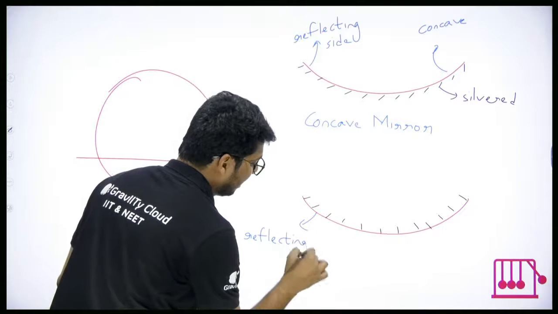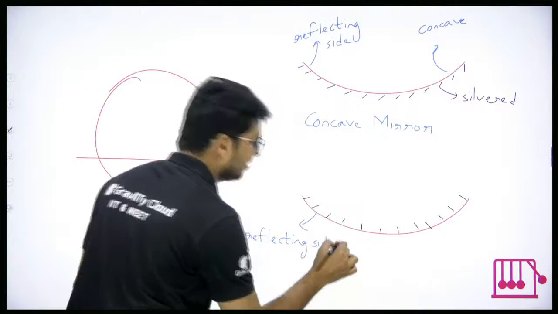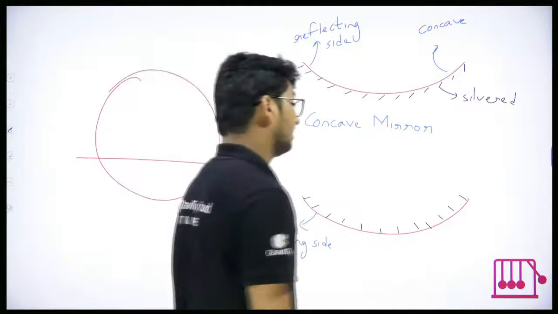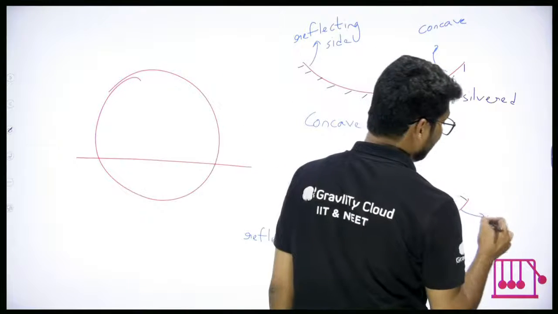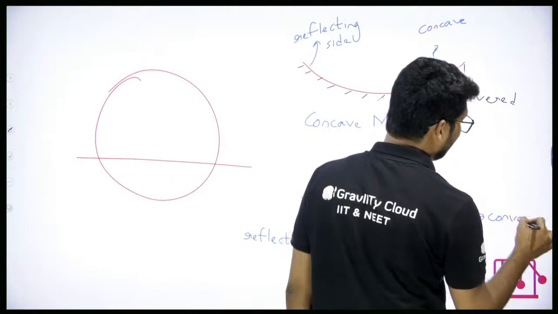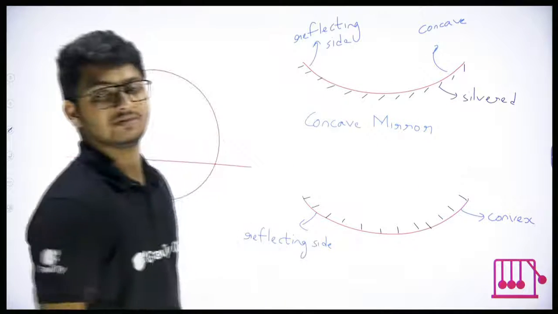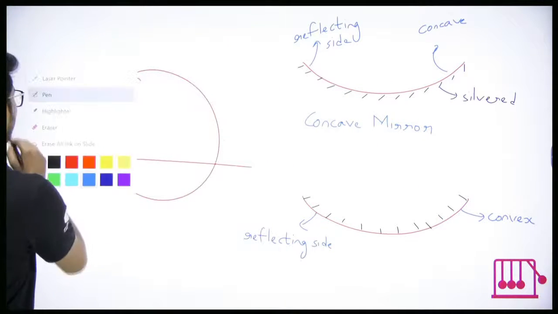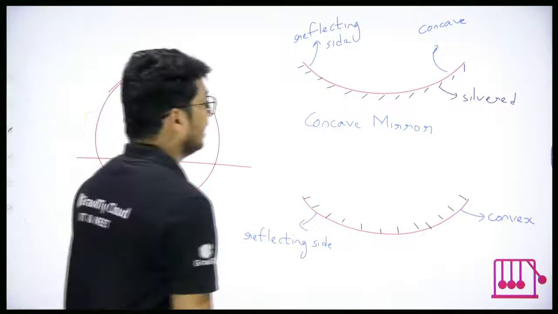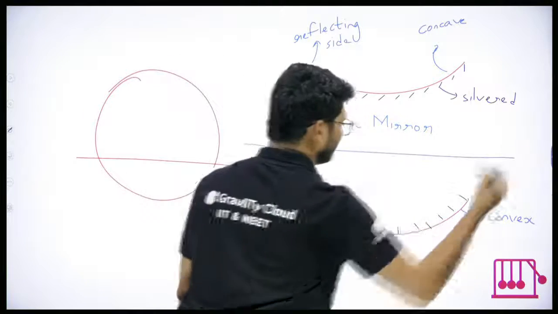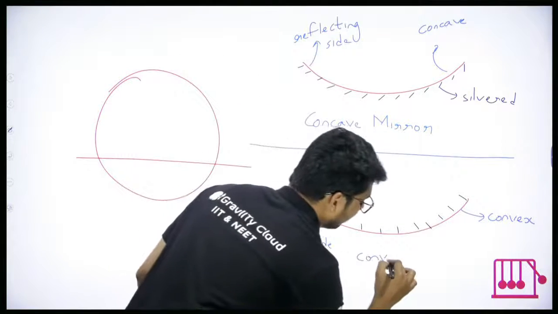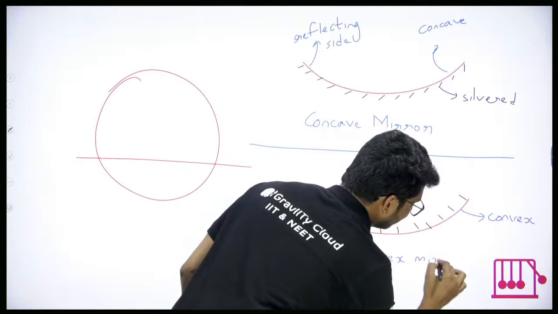It is bulging out, right? And what is that? It is convex. So if the convex side is reflecting, it is called what? It would be the convex mirror.